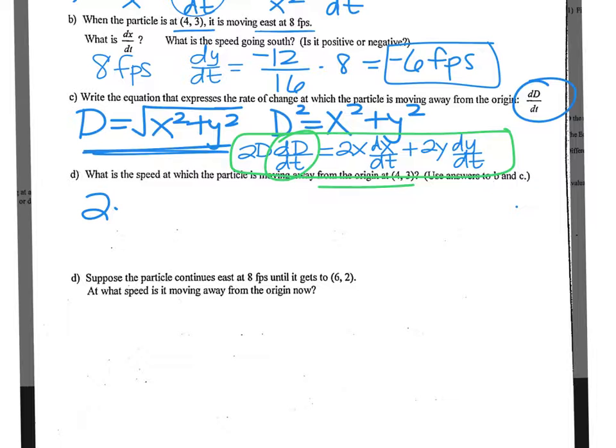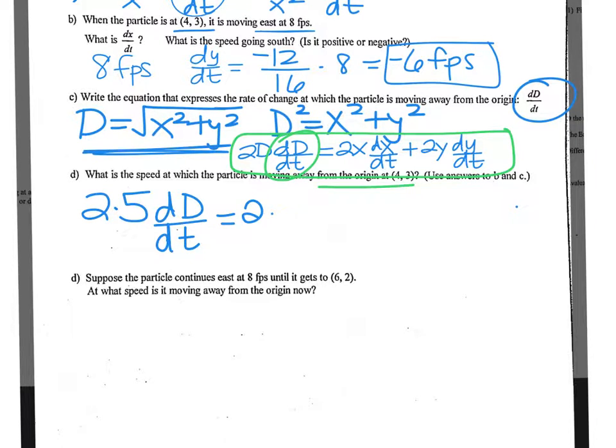4 and 3, 5. It's the old 3, 4, 5 triangle, right? Haven't said that in a while to you. 2 times 5. Okay, they gave you that formula, d equals the square root of x squared plus y squared, but it just comes from the Pythagorean theorem. All right, so 2 times 5 times dd dt equals 2 times x.